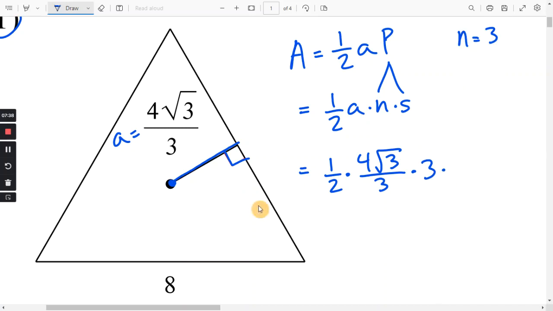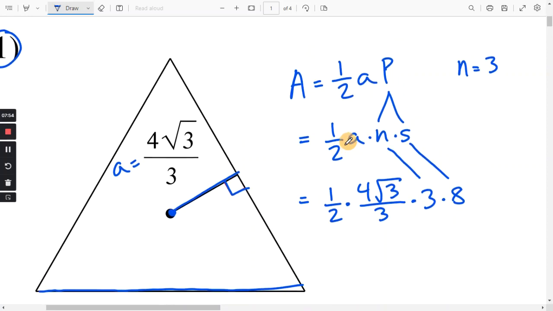And in place of S, each side length, S, equals 8. All right, so that's N and that's S. Now, if you want to do the perimeter in a separate step, you certainly can. If you want to make the perimeter separate and just do 3 times 8 for the perimeter, you can do that. That's perfectly fine.